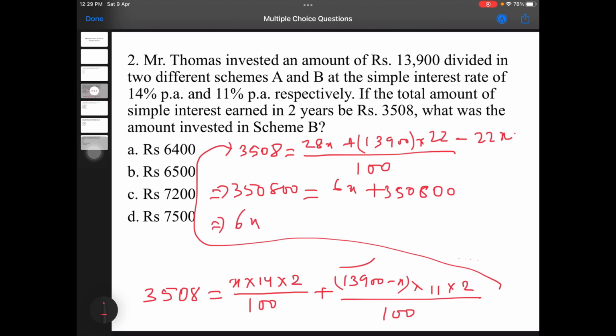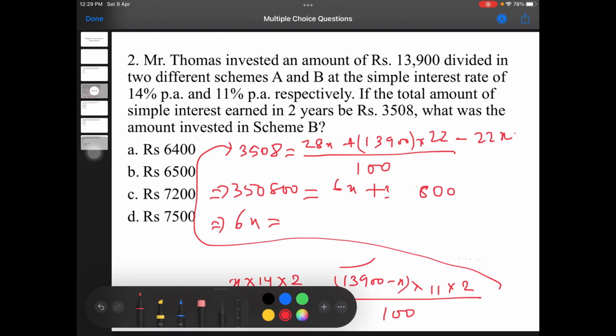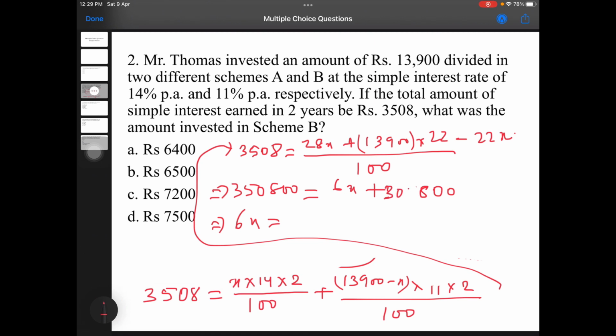So now from here, 6X will be equal to 350,800 minus 305,800.